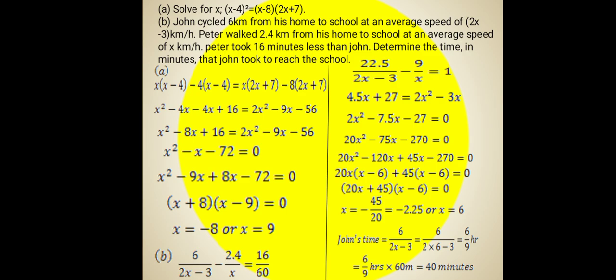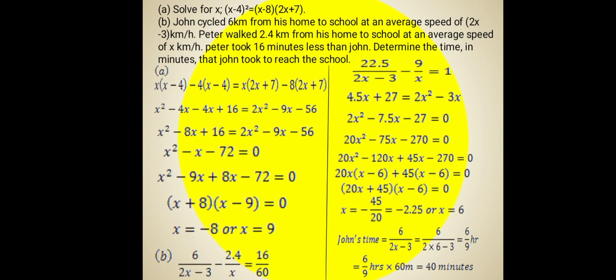Now here we shall equate the time for each person. The time John took will be 6 divided by 2x minus 3, and the time that Peter took will be 2.4 divided by the speed x.